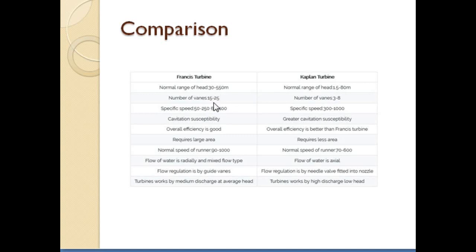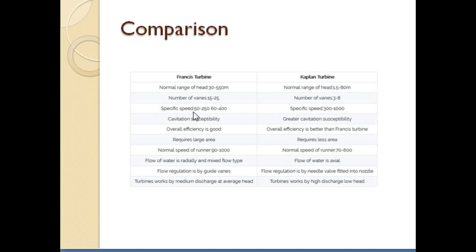Number of vanes. The Francis turbine, as we have seen in the previous slide, has many blades, generally 15 to 25. In the case of the Kaplan turbine, we see only 3 to 8 blades.